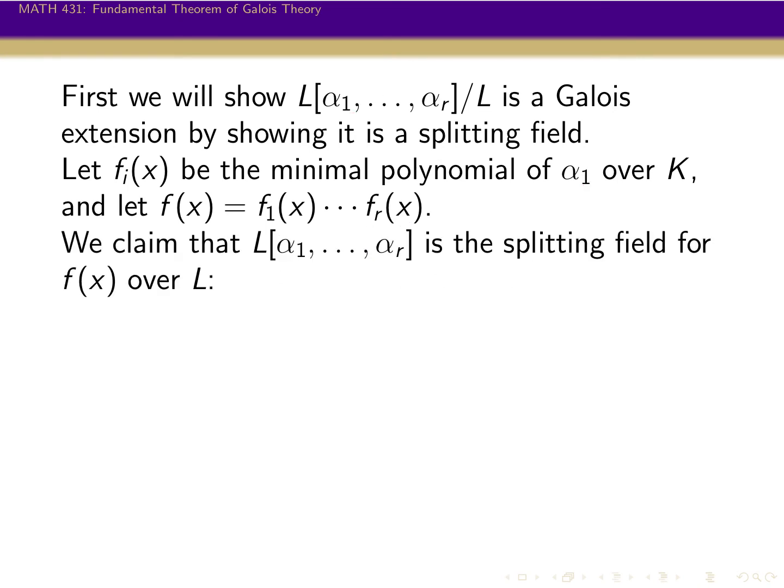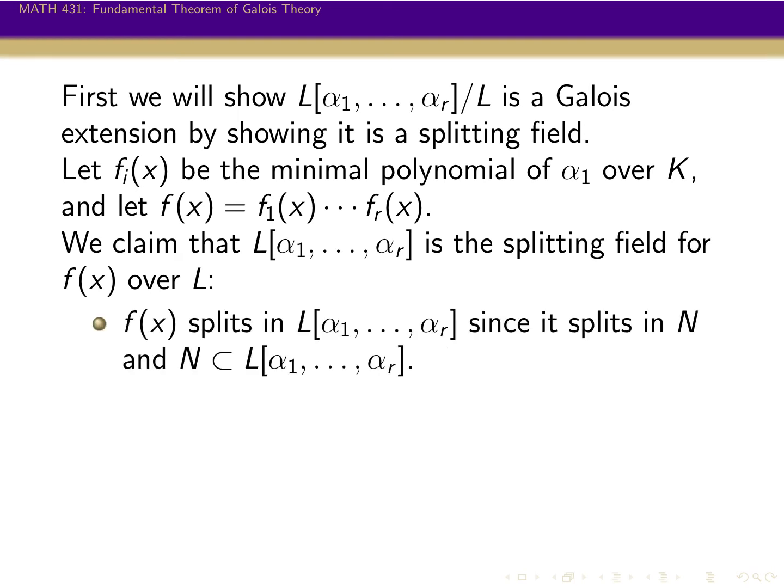Our claim is that L adjoin alpha 1 through alpha r is the splitting field for this f of x over L. And this is why this is true.